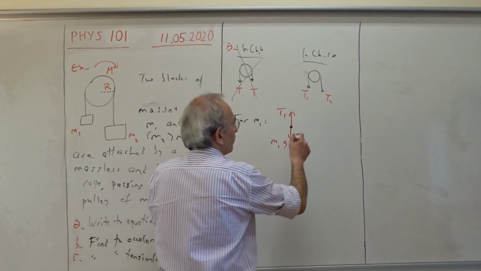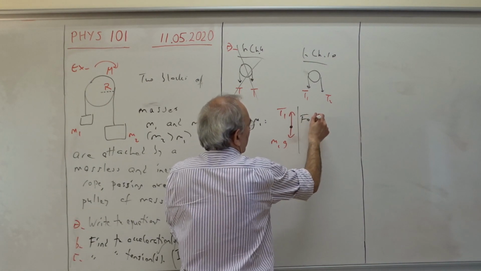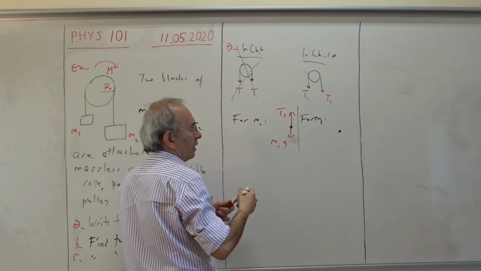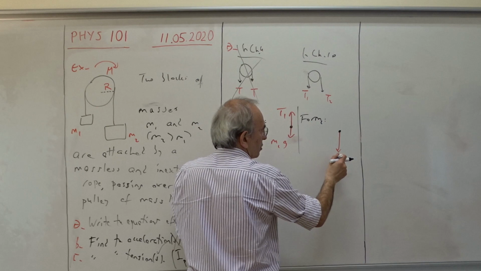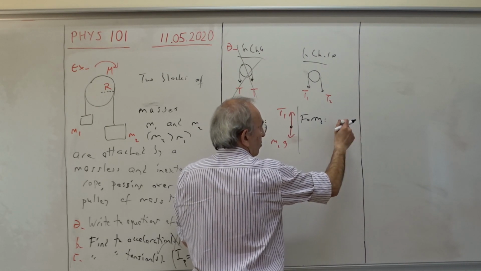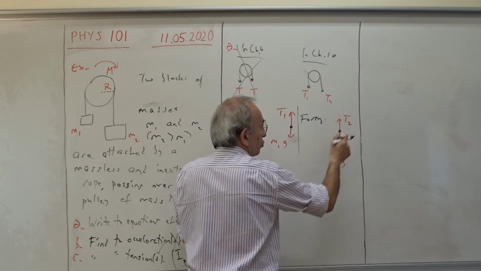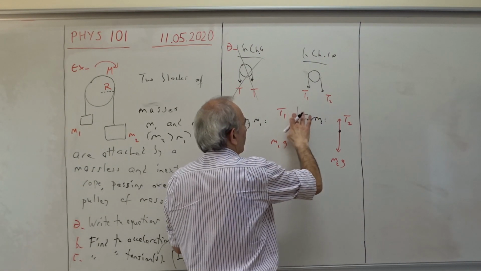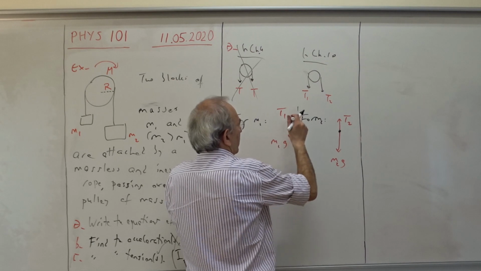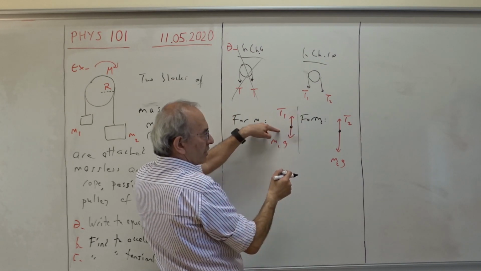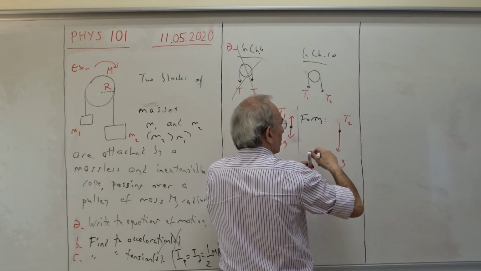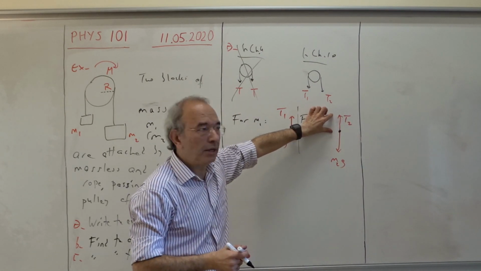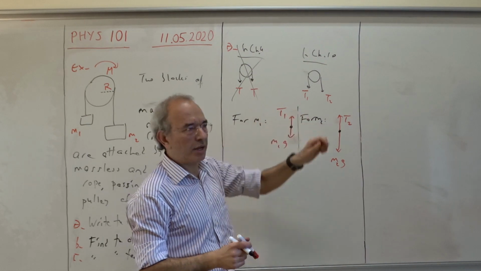For M2, we can draw what? In this case, this is larger, M2g is longer, but this force is T2. For instance, T1 is larger than M1g, but T2 is greater than T1.